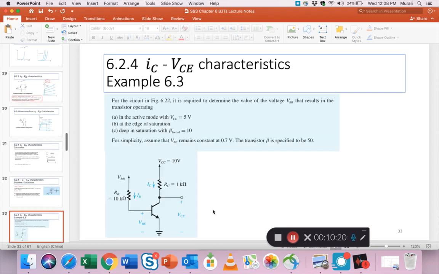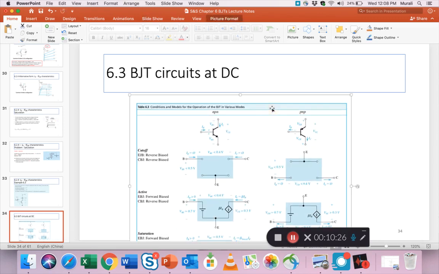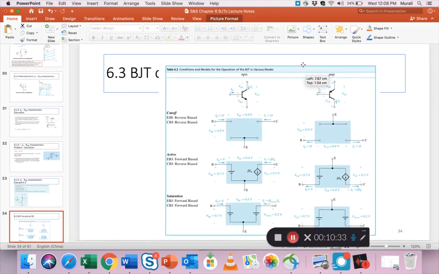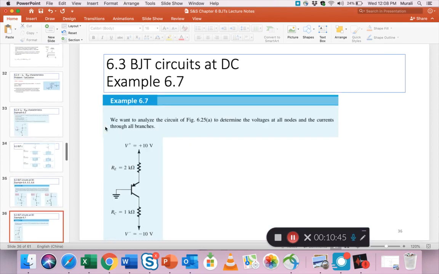There are problems on saturation, so we can skip that. We come to this very last section that we have to study as part of the theory, and this is the only slide we need for section 6.3, which is BJT circuits at DC. After this, we have a lot of problems to solve under this section, and the next few slides are all problems.